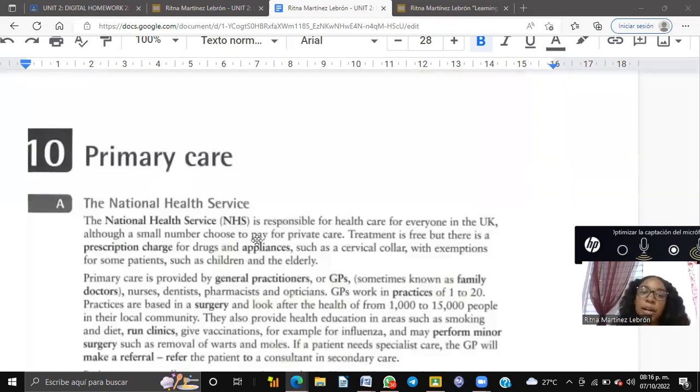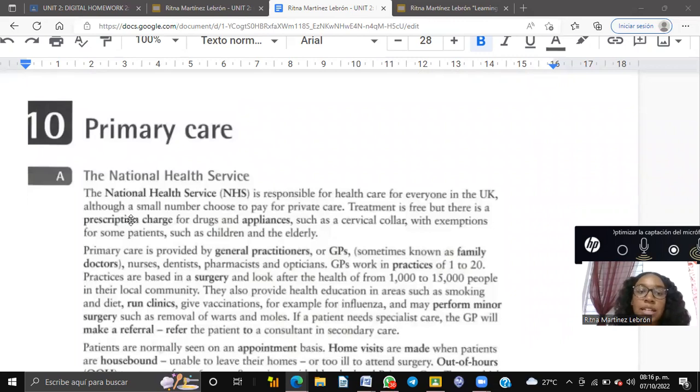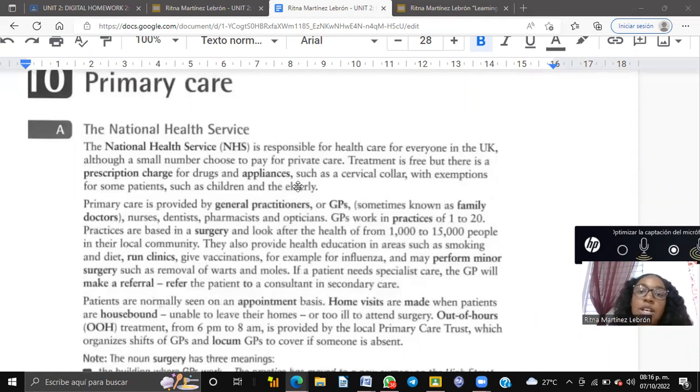Unit 10, primary care, the National Health Service. The National Health Service, NHS, is responsible for health care for everyone in the UK. Although a small number choose to pay for private care, treatment is free, but there is a prescription charge for drugs and appliances, such as a cervical collar.